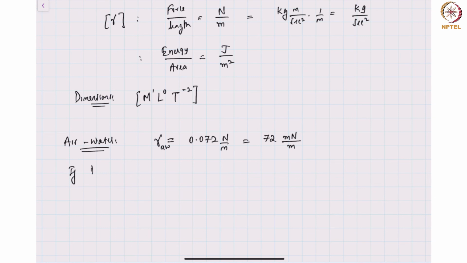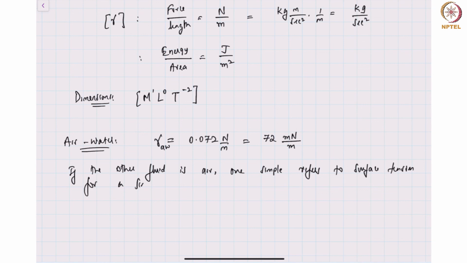If the other fluid is air, one simply refers to surface tension for a single fluid.